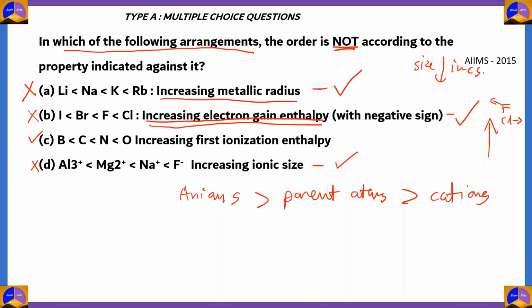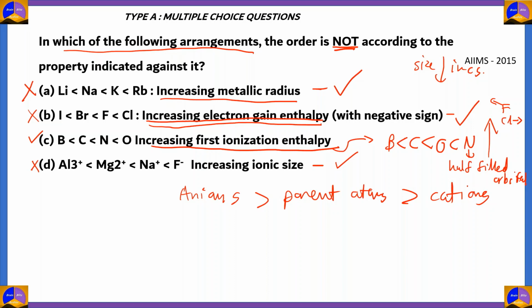So that means our right answer is option C, B less than C less than N less than O, increasing first ionization enthalpy. This is not correct. If we're looking at increasing first ionization enthalpy, then it should be B less than C less than O less than N, because nitrogen has half-filled orbital, which makes it more stable than oxygen, and it makes it more stable than carbon because it has 2p3.